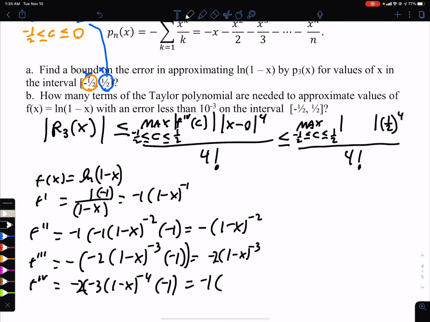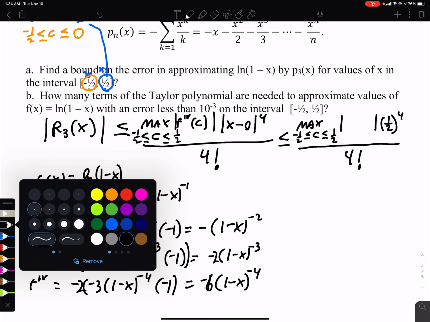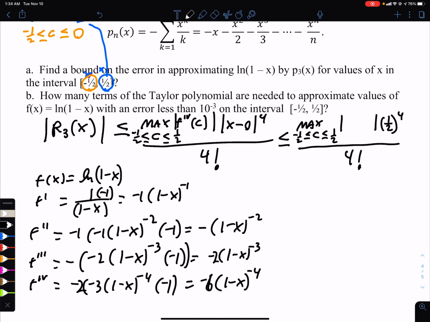So there's a 2 there, negative 6, 1 minus x to negative 4. All right, let's place all of this. I guess we'll just go vertical here. This will be negative 6, 1 minus x to the negative 4.